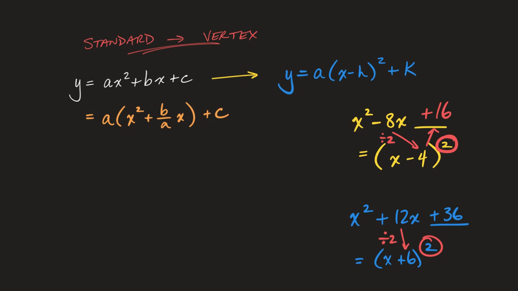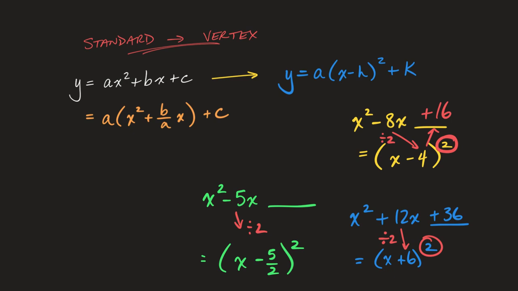Okay, let's try that with one a little uglier. So what if I gave you x² - 5x? What value would have to go in that blank spot to make that a perfect square? Well, if we take half of the 5, then that gives you 5/2 inside of our brackets. Yeah, that's why this one's a little uglier, because 5 doesn't divide by 2 evenly.